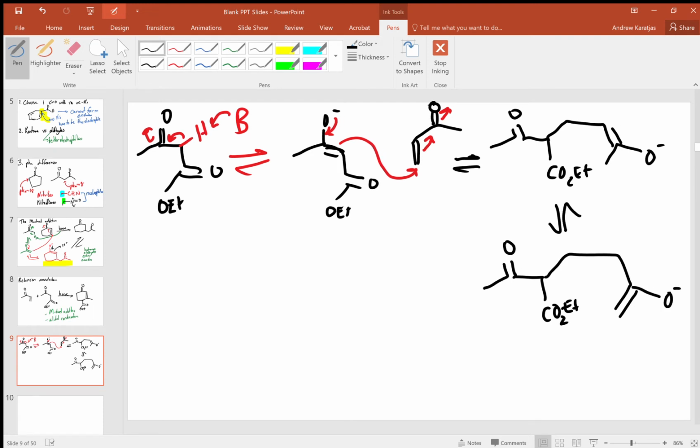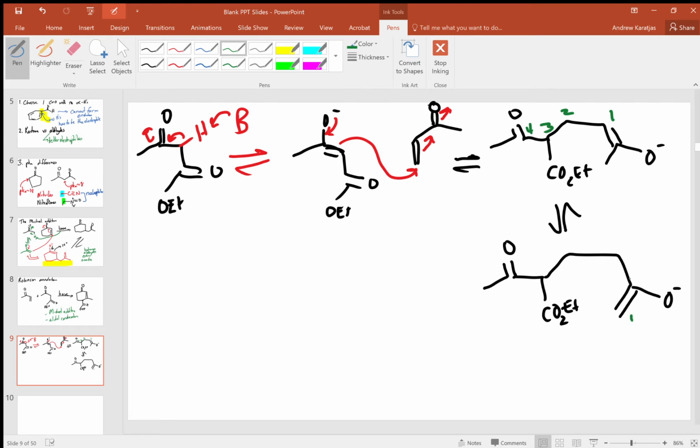The reason that that does happen in this case is the more stable enolate, and we say that because it's more substituted, there's nowhere that it can go. If this enolate tried to attack either one of the carbonyls, it would result in a four-membered ring.